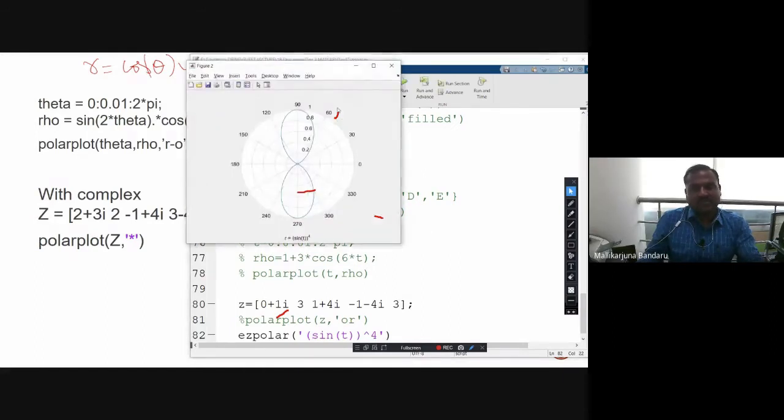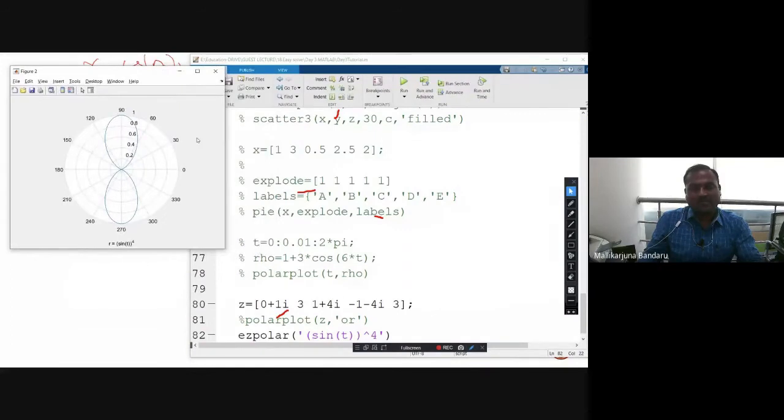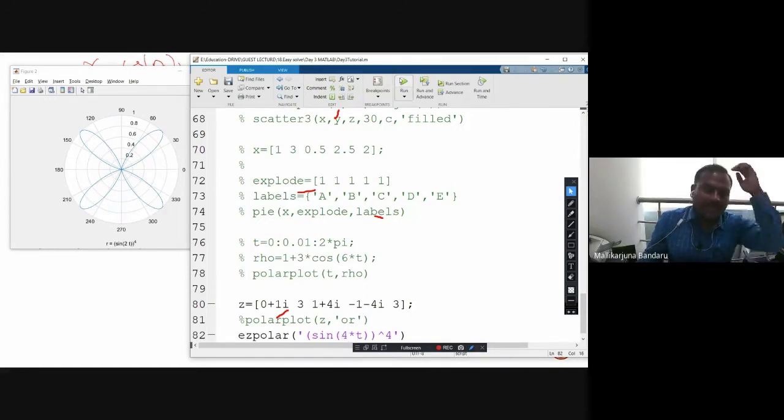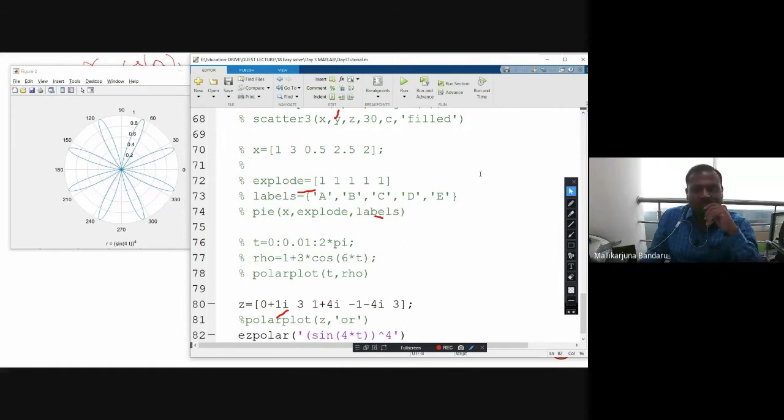See, this is what sine power 4 looks like. Okay. Now let me change inside of the sine 2 times and see what the curve will be. This is the 4 dumbbells, and if you take the 4, you will get 8 dumbbells of that curve. See, this is. So this is how you draw the polar curves in different styles and for different expressions.